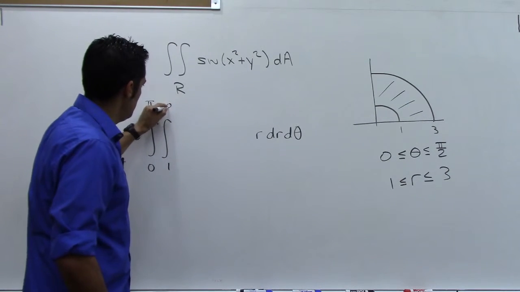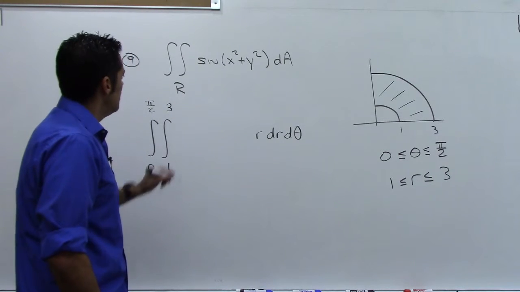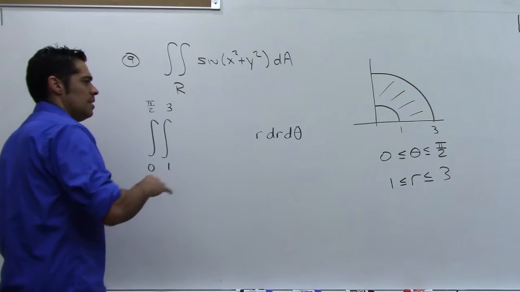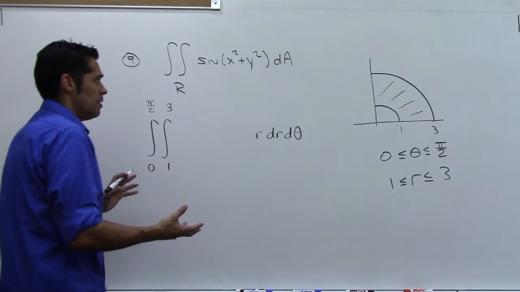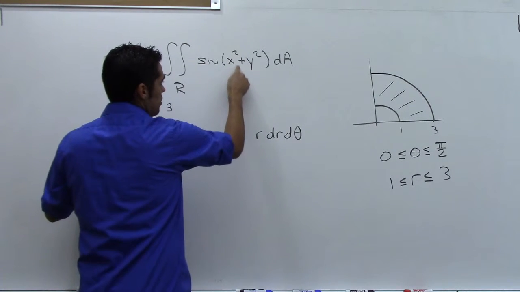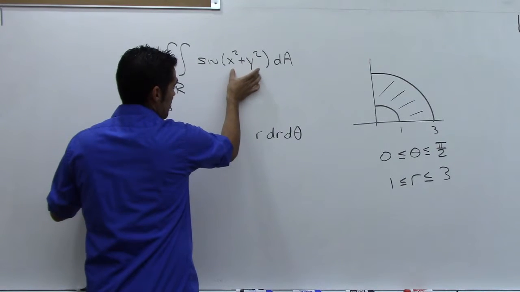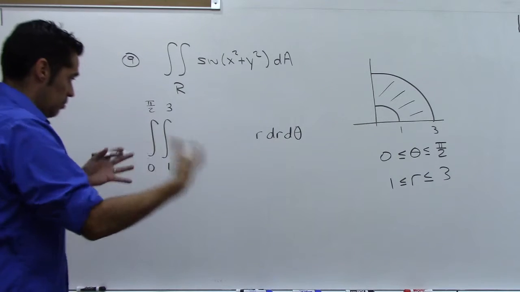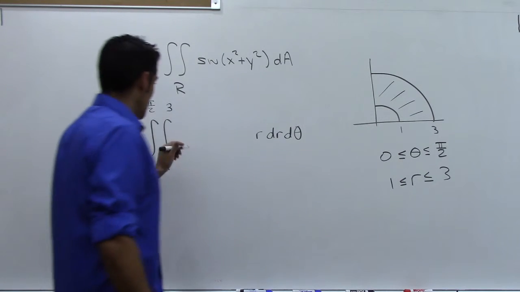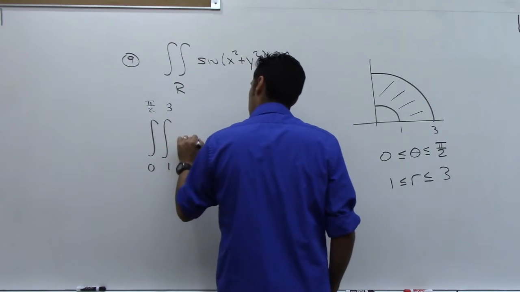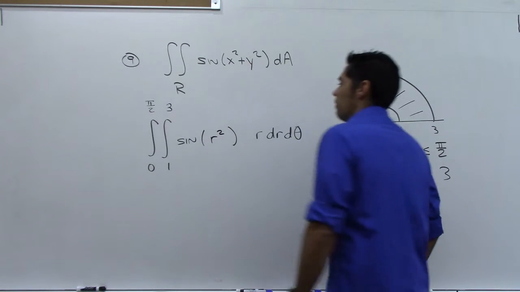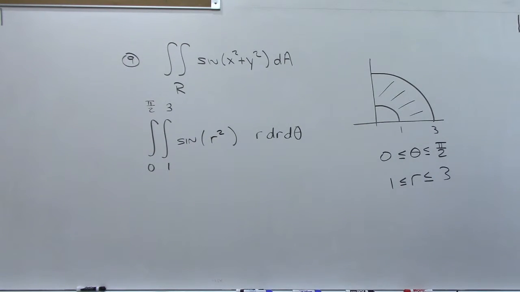Let's get this right. And then I switch all my x's and y's into terms of r and theta. But I remember that x squared plus y squared equals r squared. That was one of our equations that we use when we convert back and forth. So this just becomes sine of r squared. And that's it.